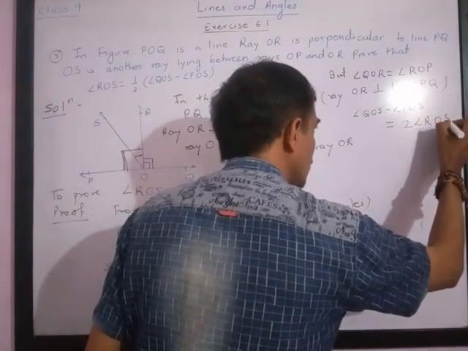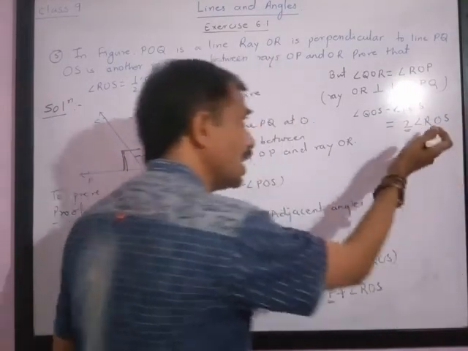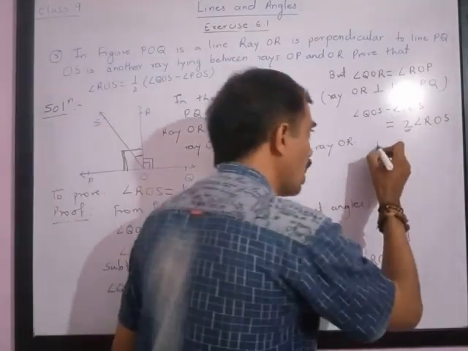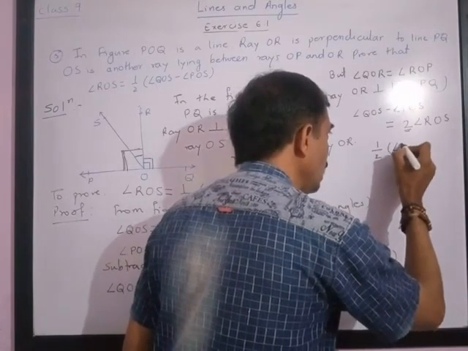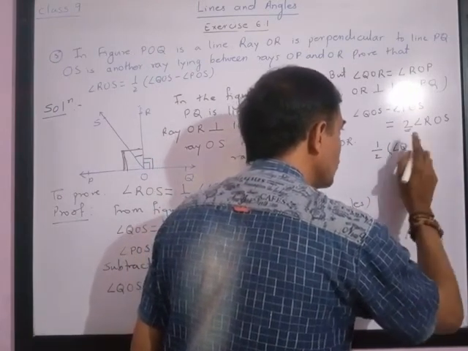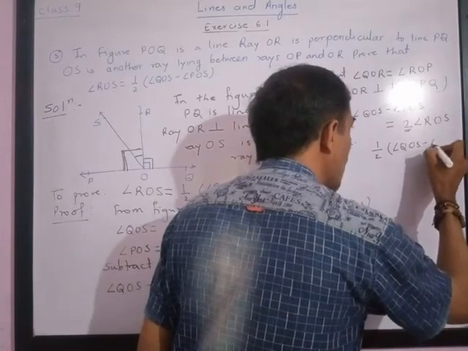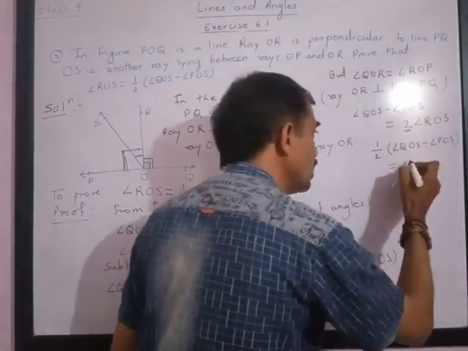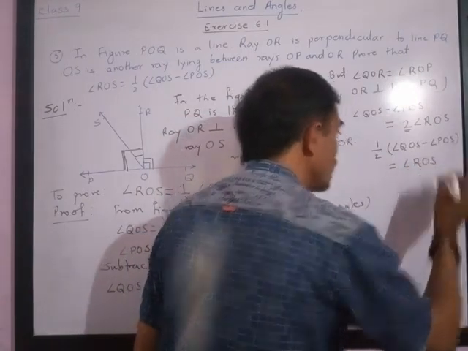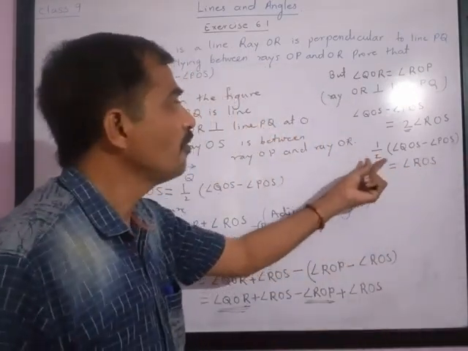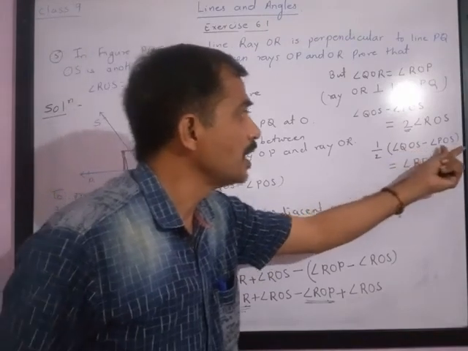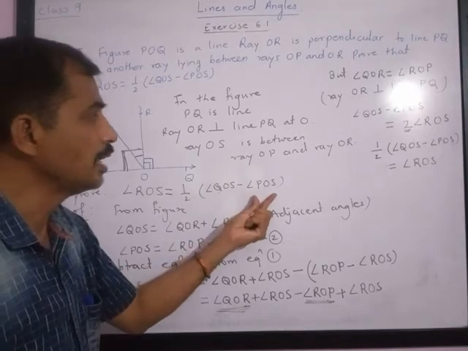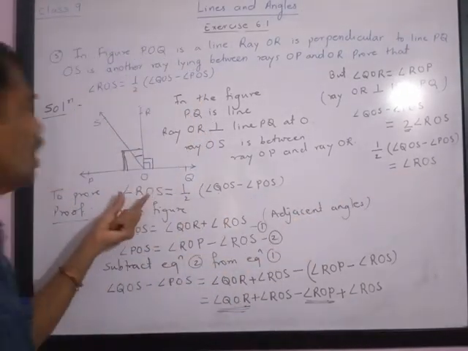Now the 2, if it is transposed to the other side, it will divide. So I will get 1/2 of angle QOS minus angle POS is equal to angle ROS. Now see, I have got half into angle QOS minus angle POS is equal to angle ROS.